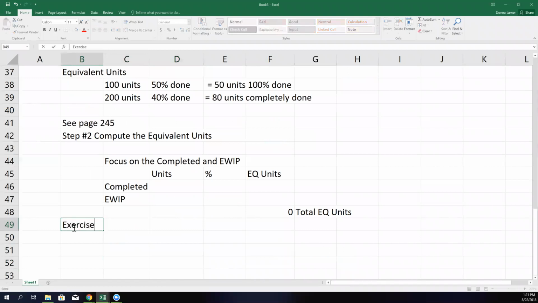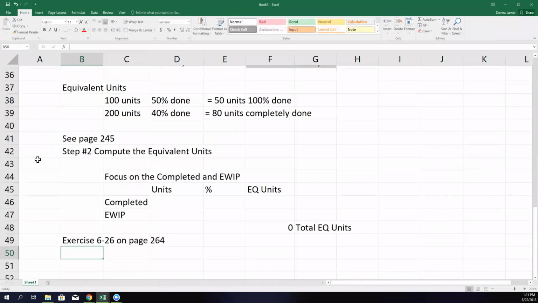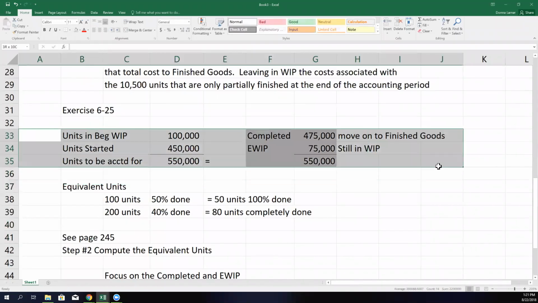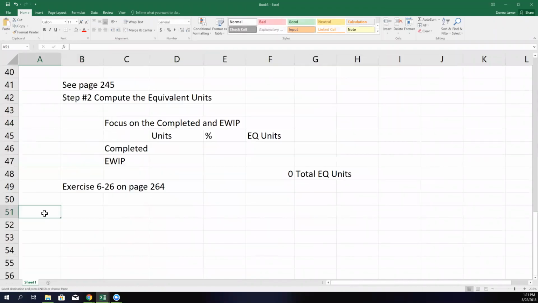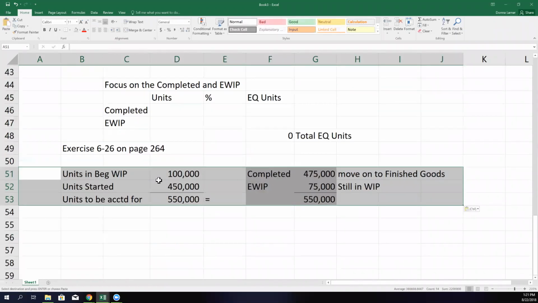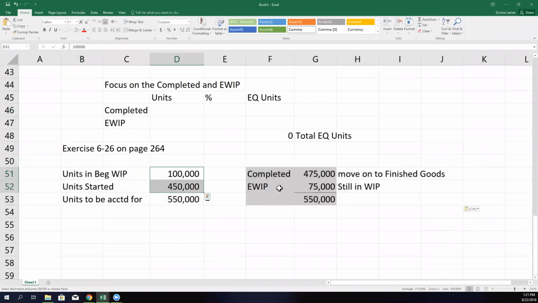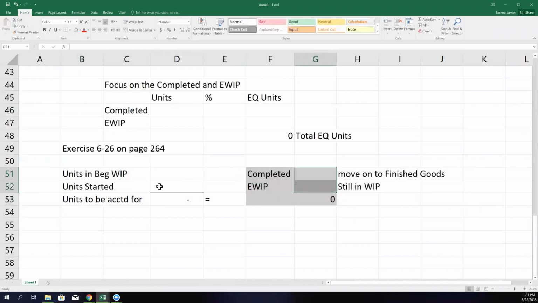Exercise 26 on page 264. The first step is to figure out the physical flow. I know I've been doing this a lot, but it's that important that we keep practicing these steps. Your homework is going to have you practice them over and over again. So I'm going to read exercise 26, looking to fill in this little chart of physical flow. Then when we get this chart, we're going to turn this information into equivalent units.